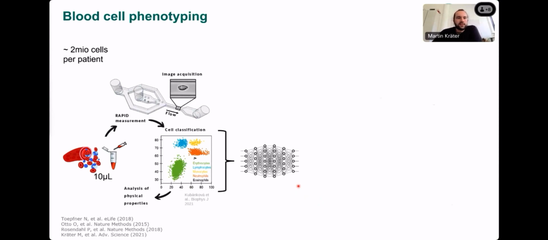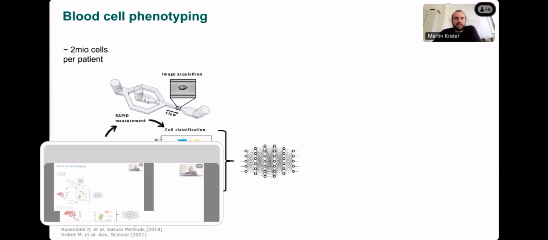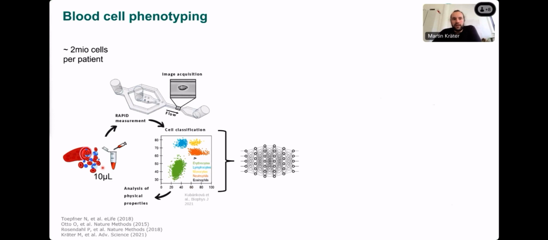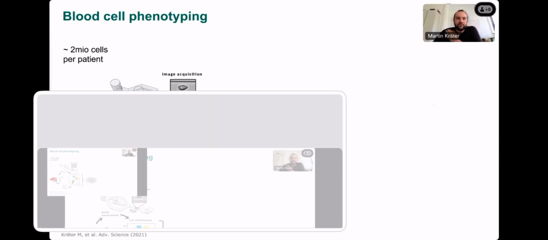What we are doing is we take as little as 10 microliters of blood, we send it through our device, we image the cells, and we end up with 2 million cell images per patient in a single measurement. Then we use AI-based algorithms to find the cells in the images. After finding these cells, we segment them and extract up to 27 different features.